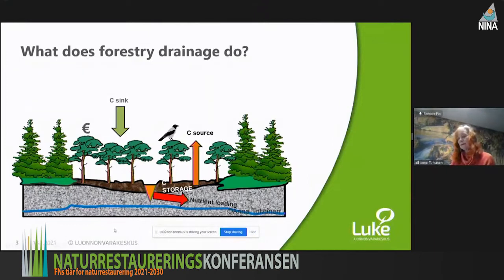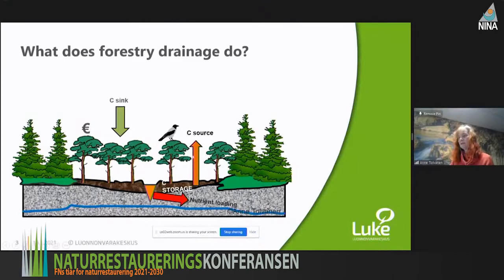So when we put the water level downwards, the blue line, the peat starts to decompose in an aerobic way, which means that it decomposes faster than before when it was anaerobic. And the peat storage starts to leak into the atmosphere through the decomposition.